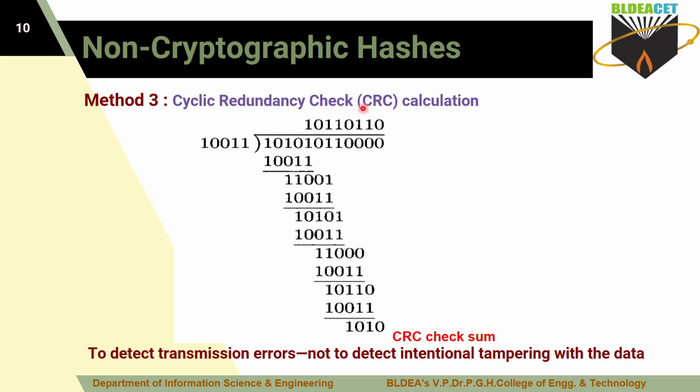Cyclic redundancy check calculation: this is the cyclic redundancy check method here. This is your message, and that message is divided by this key, 1001.